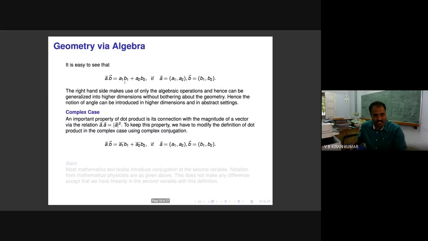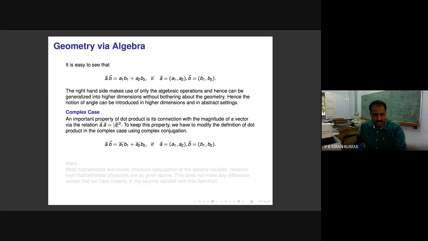Now, there's one thing you have to keep in mind in the complex case. Suppose these vectors, considering A1, A2 and B1, B2, can be complex numbers. Then what happens? You consider a very important property of the dot product. That means A dot A is given by mod A squared. So this is a connection between the dot product and the magnitude of a vector.